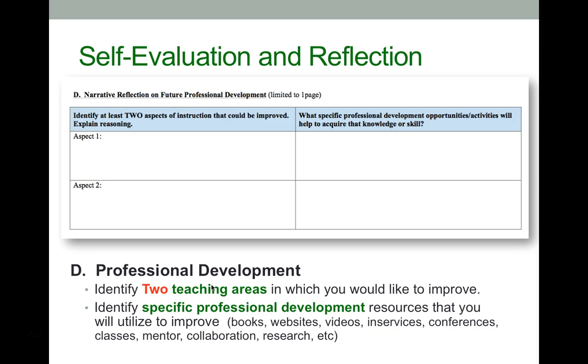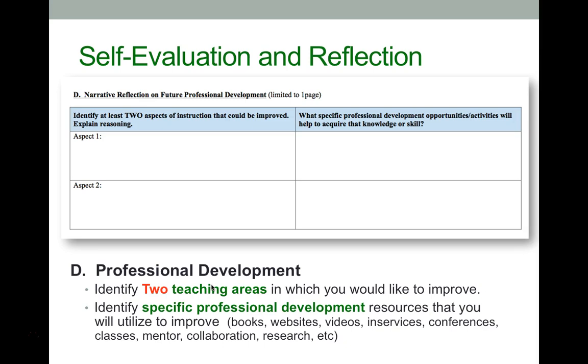Finally, you'll look at what you're going to do to make your unit better. What two aspects of instruction would you improve? And maybe what are you going to need to do that? What professional development opportunities, or what you're going to need to acquire to maybe even make it better.